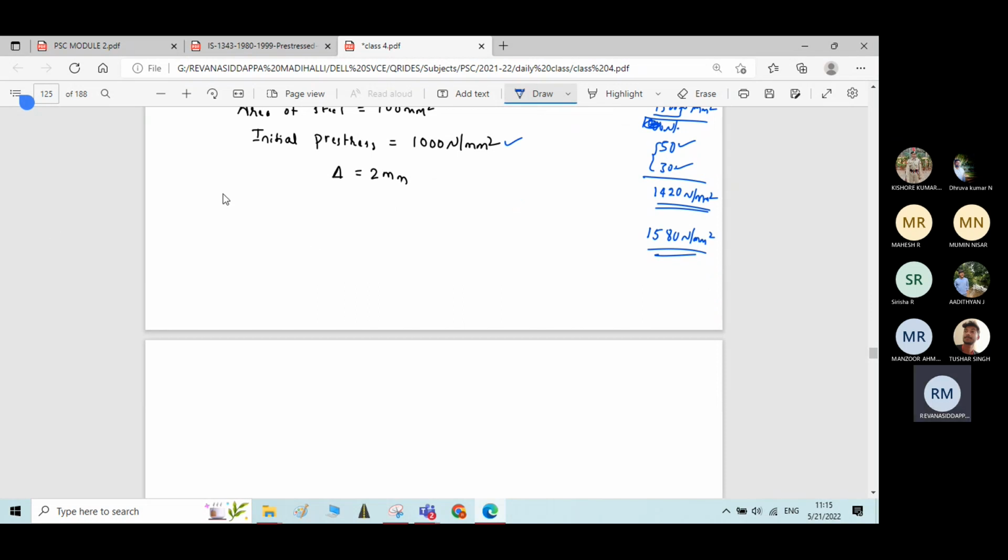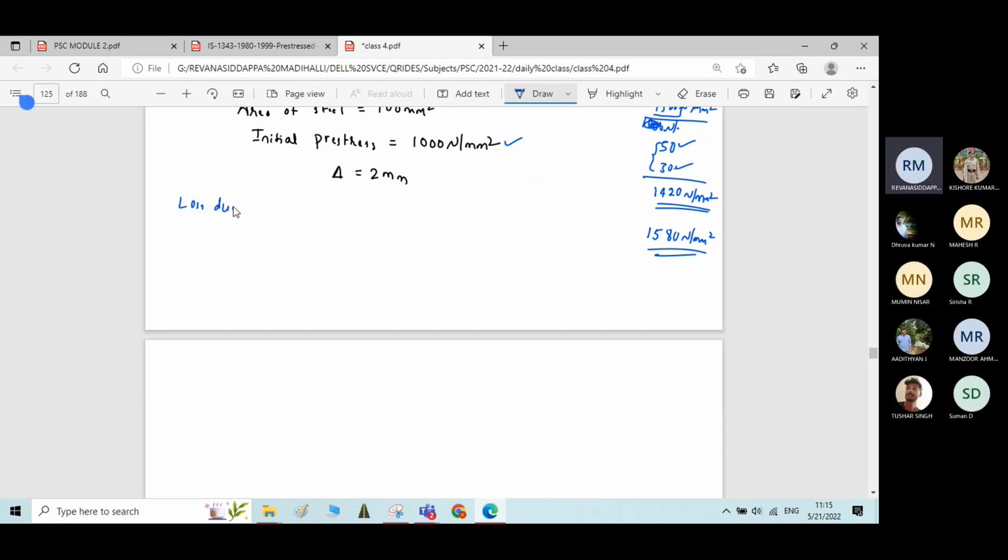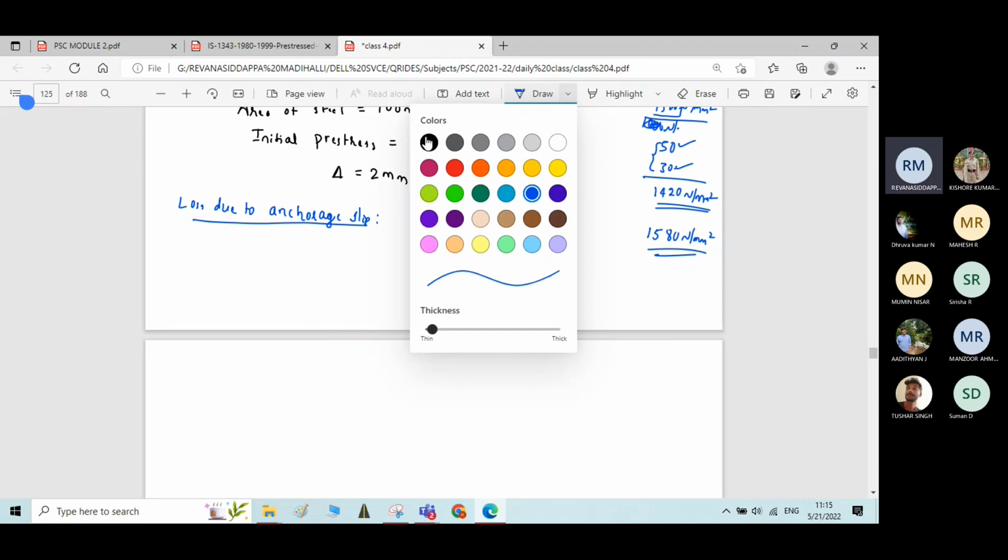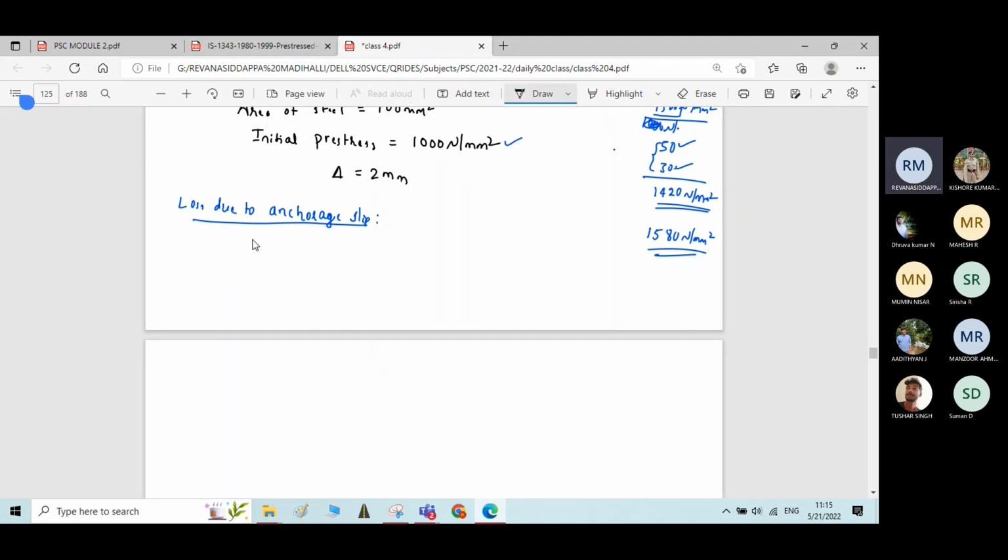Initially, you find loss due to anchorage slip. Okay, so we have the formula for calculating loss due to anchorage slip.